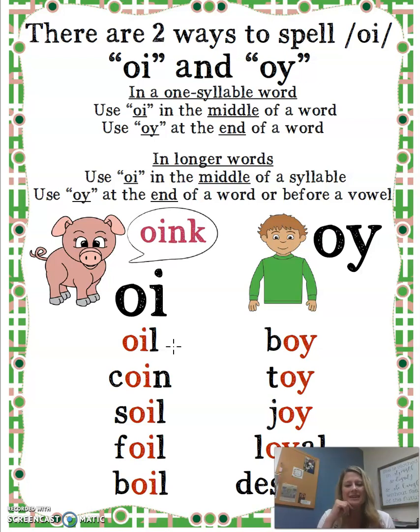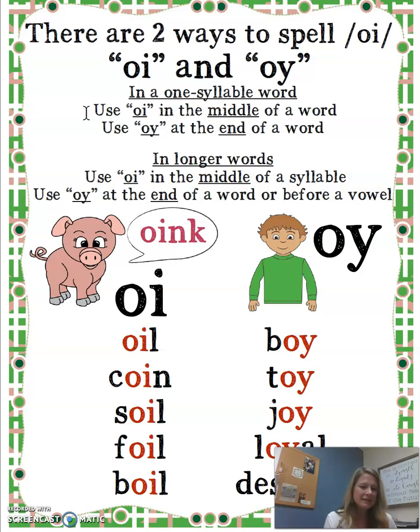So there's always going to be an exception sometimes to the rules, but for the most part, you can memorize these right here. So OI in the middle of the word for a one syllable word, or if it's a longer word, OI would be in the middle of the syllable itself.